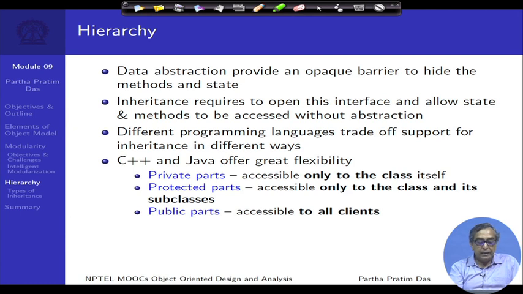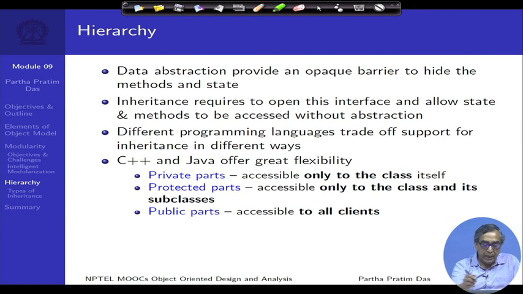Now, you can see that once we have done abstraction, we have already done three major elements. We know that there is abstraction, so I have abstracted a concept. Then on that abstraction we have put an encapsulation. The moment we have put an encapsulation, we have put an opaque barrier to hide the methods and the state. We said implementation is not visible, because it is encapsulated.